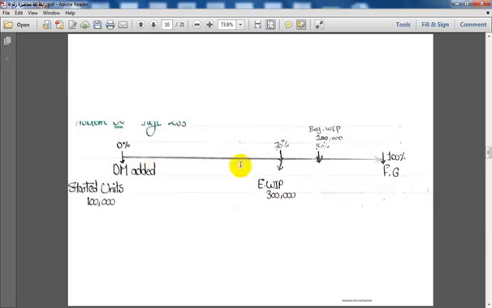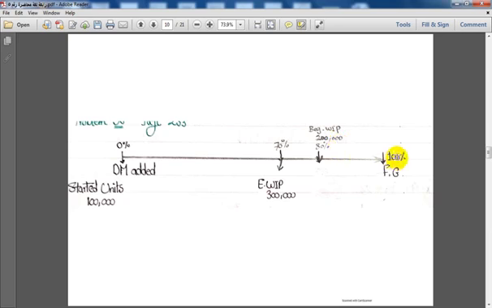This is the production process. At 0%, direct material is added, and we have units started 1 million. At 70%, ending work in process 300,000. At 80%, beginning work in process 200,000.